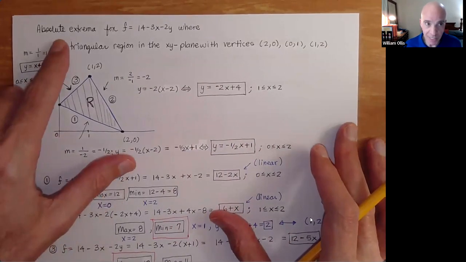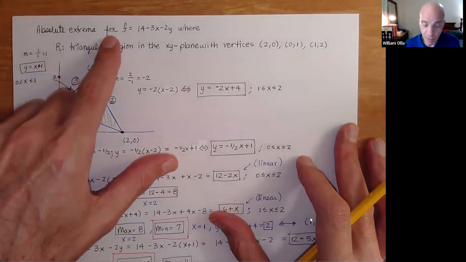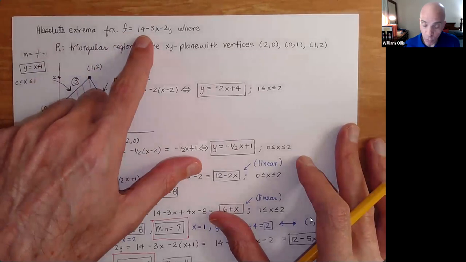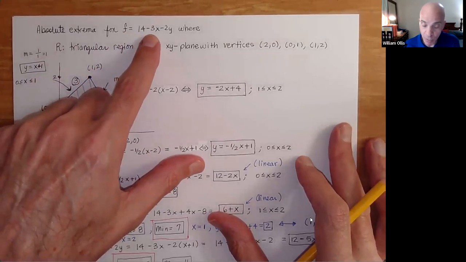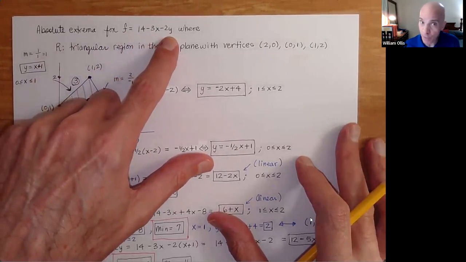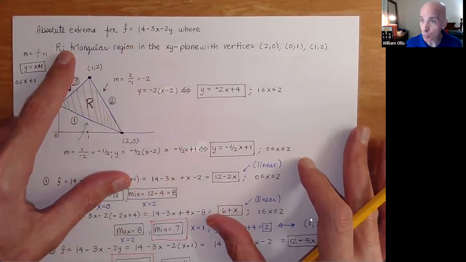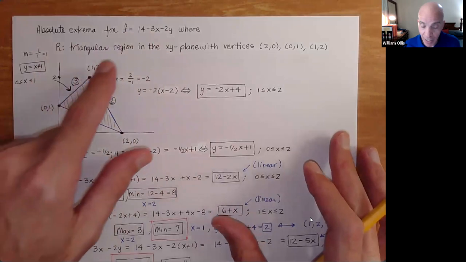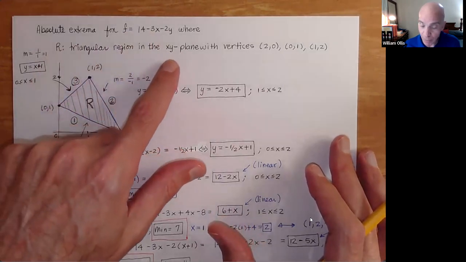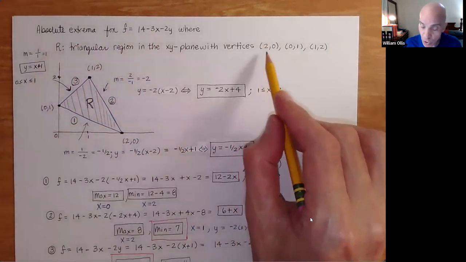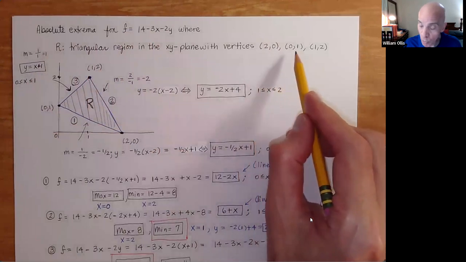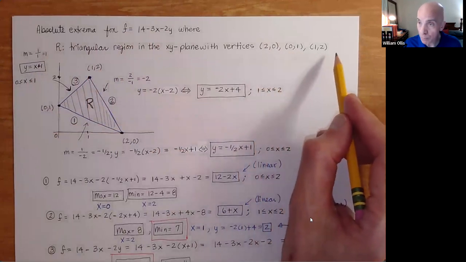What we want to do is find absolute extrema for f equals 14 minus 3x minus 2y. That's the function right there, where R, the actual region, is the triangular region in the xy plane with vertices (2, 0), (0, 1), and (1, 2).